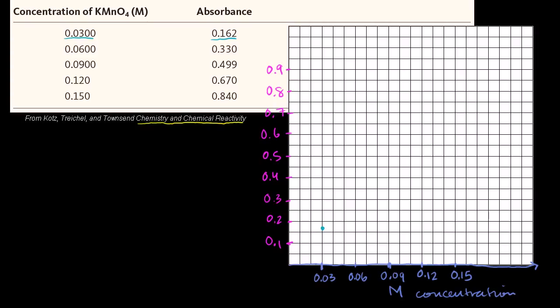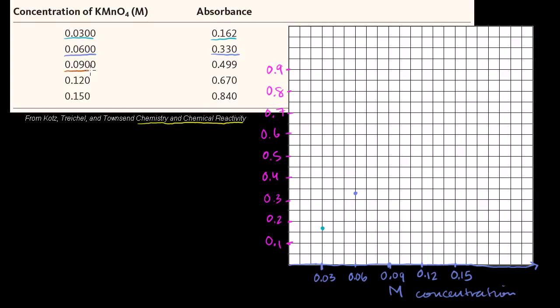And then when we had 0.06 molarity of potassium permanganate, our absorbance was 0.33. So 0.06, 0.33, which is right about, this is 0.35, so 0.33 would be right about there. We already see an interesting line form, but I'll plot all of these points.